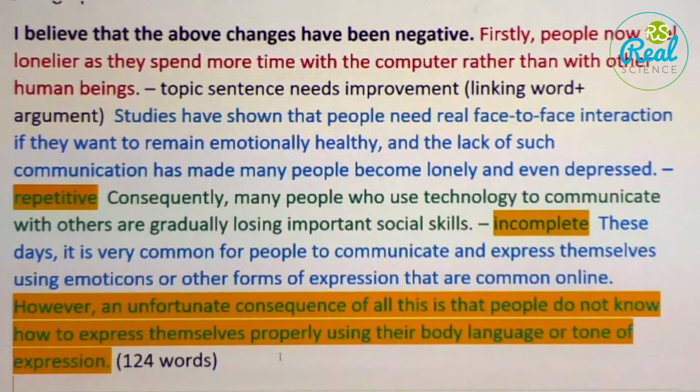What about the last part, the result sentence? It's actually quite good. What about the previous one? These days, it's very common for people to communicate and express themselves using emoticons or other forms of expression that are common online. Yeah, it's suitable, because both sentences are connected and they're not off topic.